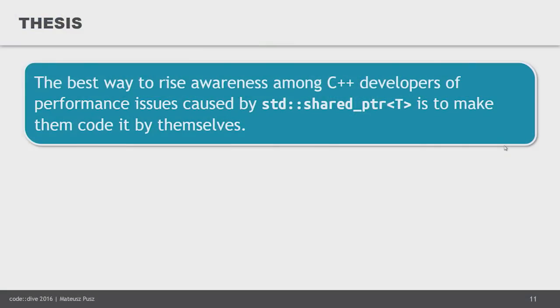From my experience, I have a thesis that the best way to make people not use shared pointer too often is to make them write it by themselves at least once. At the very beginning it seems a pretty trivial task, but if you dig in and try to make the interface 100% compatible with the ISO standard document, it turns out that it will take a lot of your time and effort.